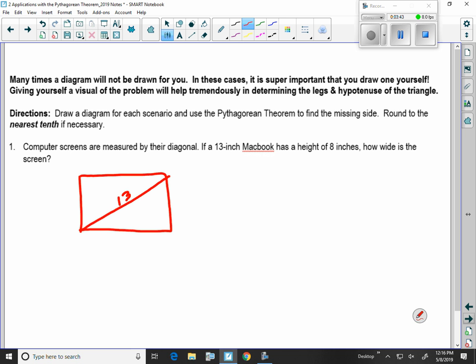Okay. All right. It says it has a height of 8 inches. Show me height with your arm. Yes, straight up and down. Okay, so that's the height. They want the width. So the width is going to be that side right there. Now we know which side is the hypotenuse? 13. So we can set up our Pythagorean theorem.